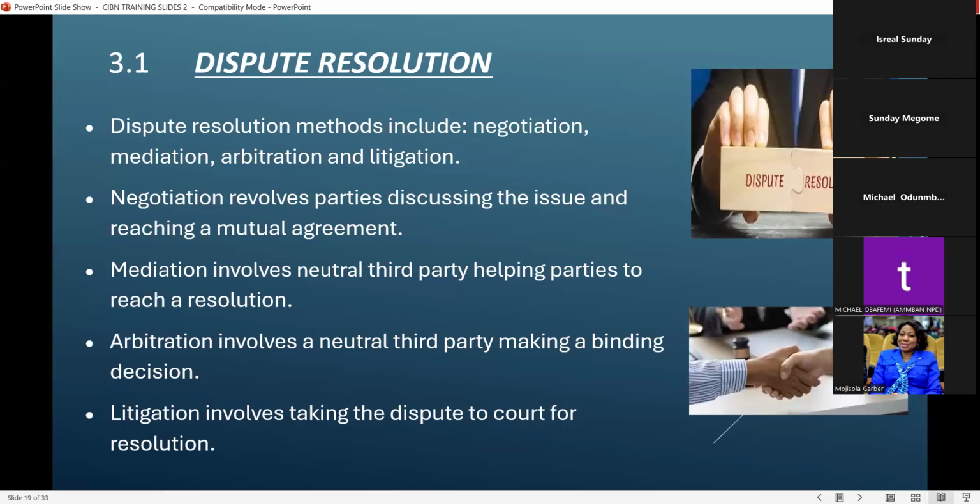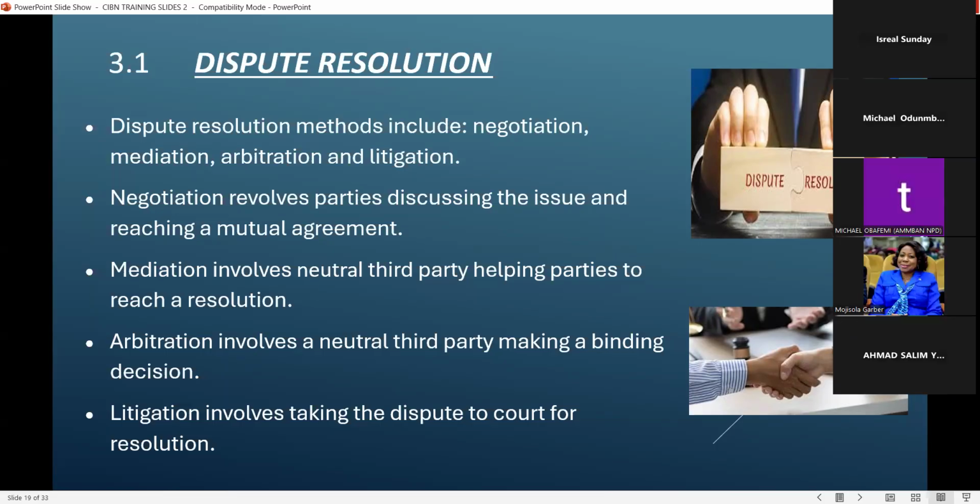That's why they call it arbitration, because there's a binding thing that joins all the parties together. Litigation involves taking the dispute to court for resolution. When you go to litigation, that means negotiation has failed, mediation has failed, arbitration has failed, and the only way is to go to court. So it's only the court that can resolve that kind of dispute. Those are the different types of dispute resolution.